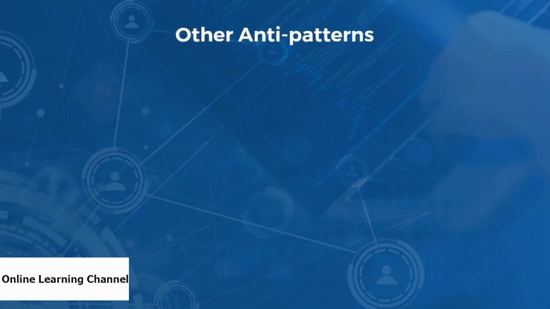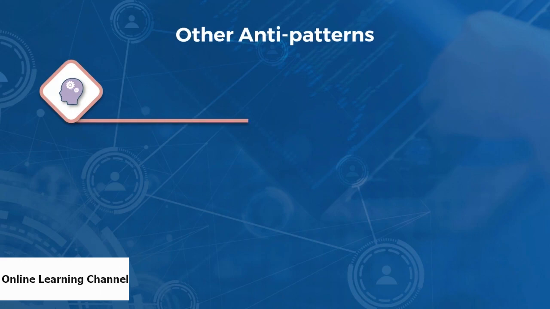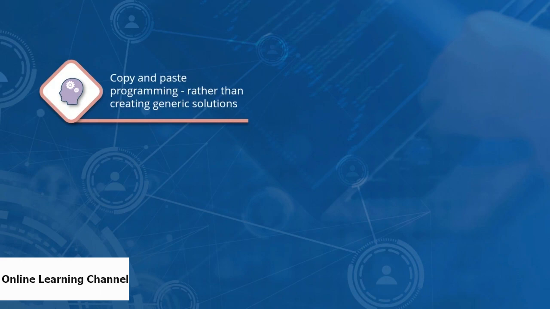Let's discuss a few more anti-patterns before we continue our discussion of design patterns. Here is one that I've definitely been guilty of: copy and paste programming. Now, this occurs when a novice programmer is coding and is often under pressure to deliver results. She knows that she is under pressure and she knows that a solution for this exists elsewhere in the system, though it may not be an exact match.